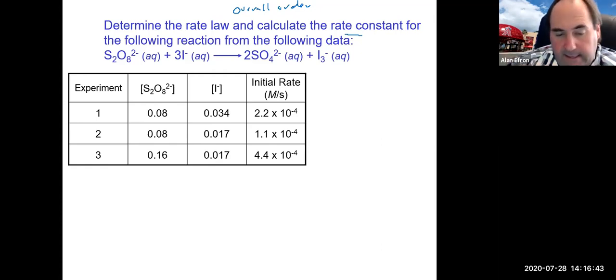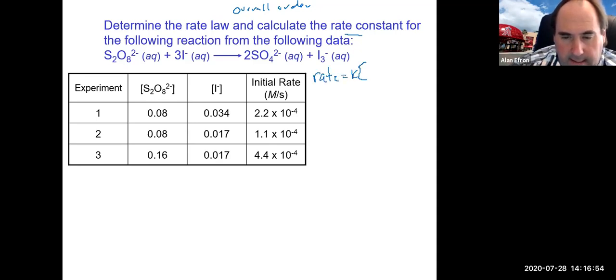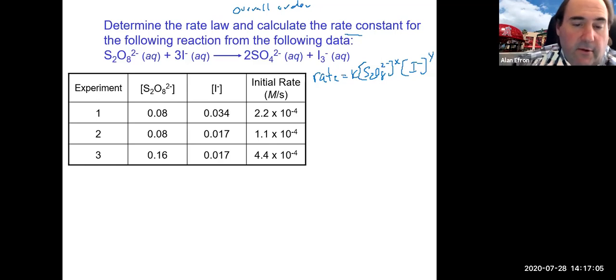Okay, let's take a look and see. You can start with the generic rate law here. In this case, the rate would equal k times the concentration of our first reactant to the x, and our second reactant to the y. The goal here, if you want to solve it mathematically, is to look for two entries where something remains constant and something varies.